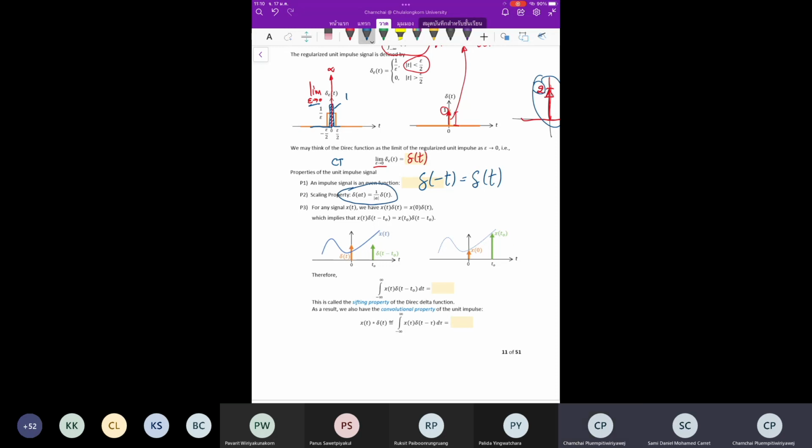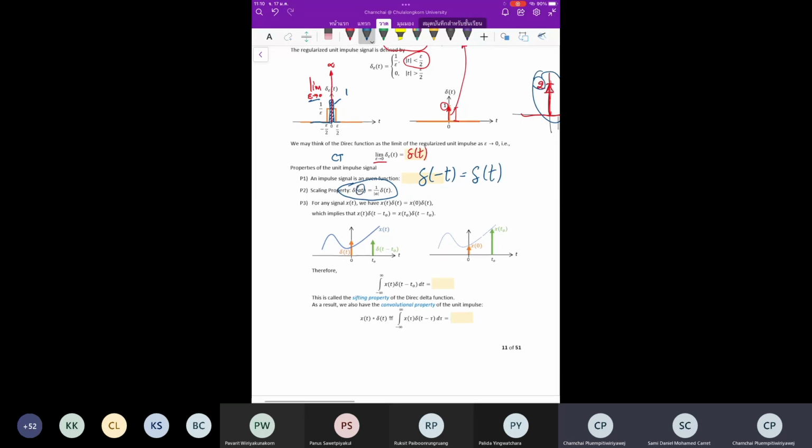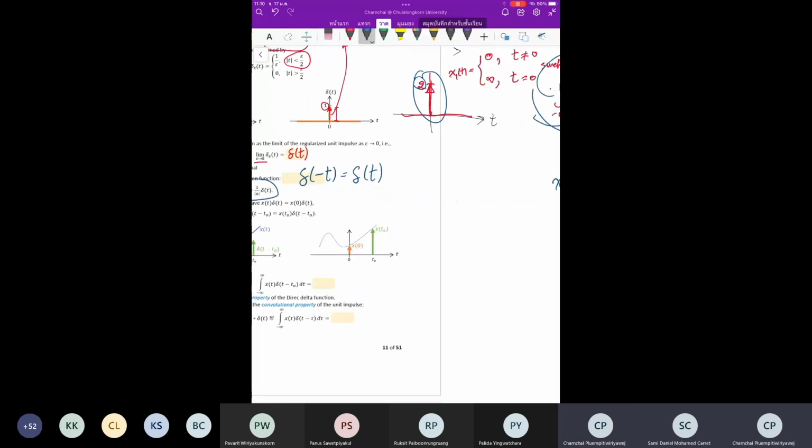This one means you squeeze by 1 over t, then the delta t function will go down. Well, I can tell you right now, suppose we have a rectangular function x(t), which in this case is our delta epsilon of t.